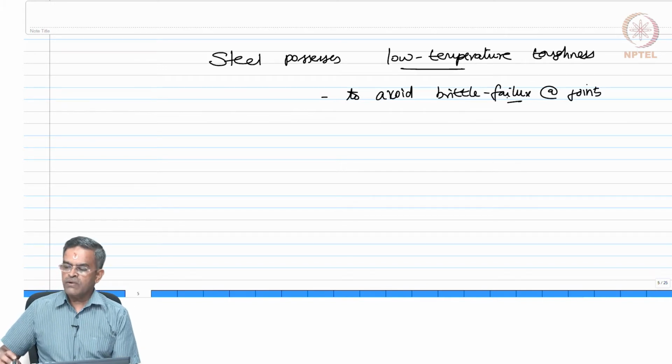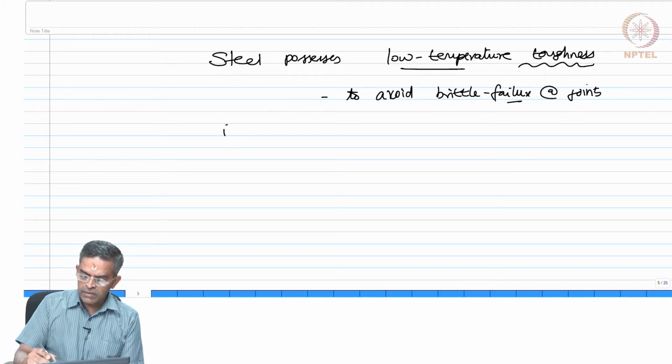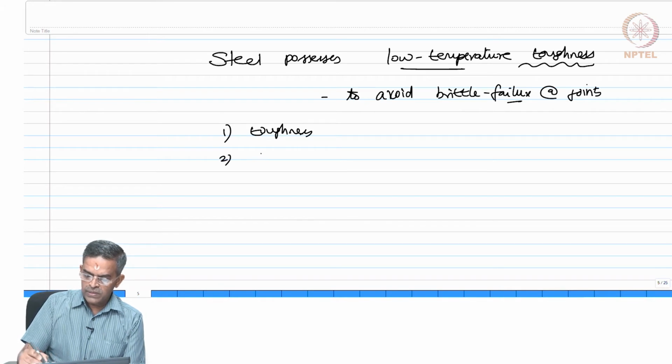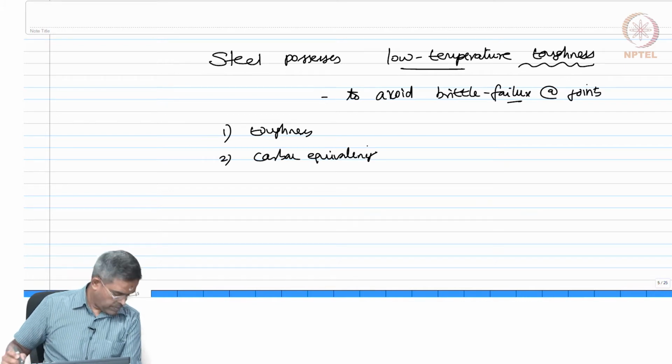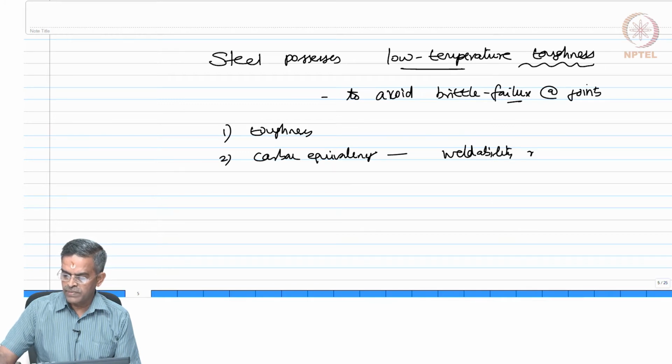So, now we talk about toughness and we talk about carbon equivalency. We spoke about two things now: toughness, carbon equivalency. Carbon equivalency is a criterion which governs weldability requirements. I will come to that.